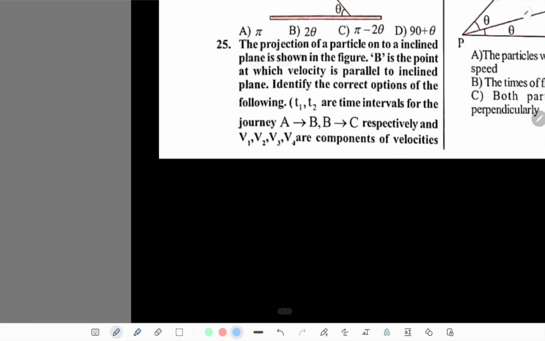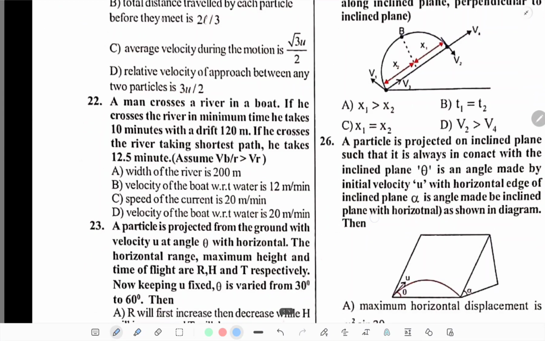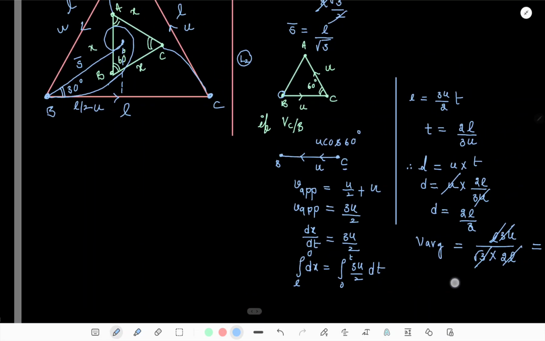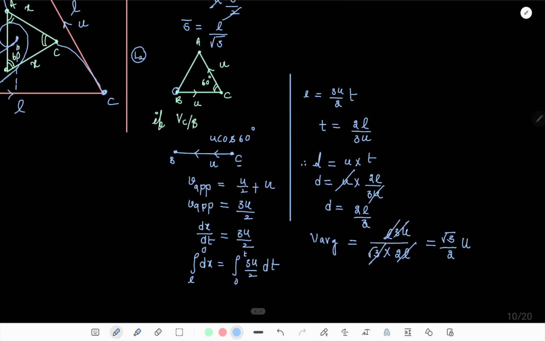And already we found the relative velocity of approach between our two particles, which is nothing but 3u by 2. Therefore, for this question, the first option is right, the second option is also right, the third option is also right, as well as D. So all the answers are correct.